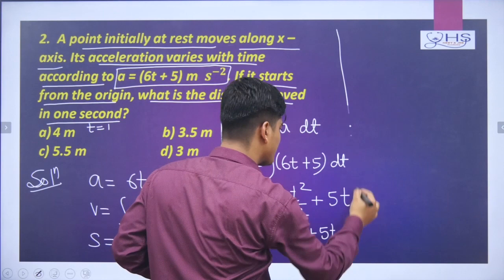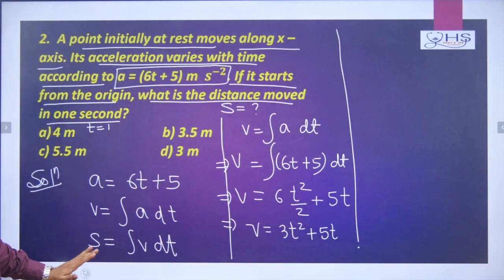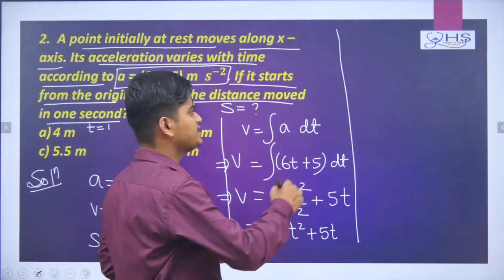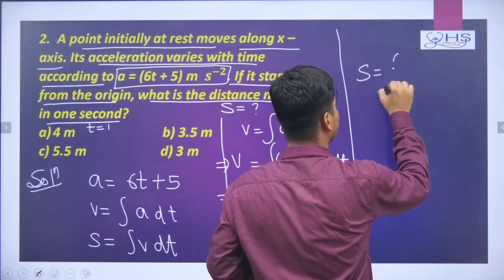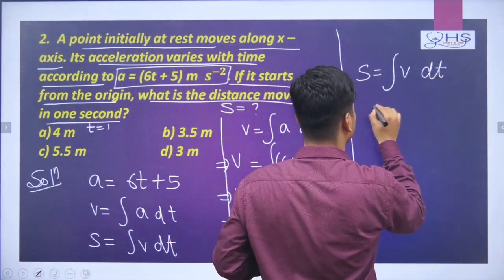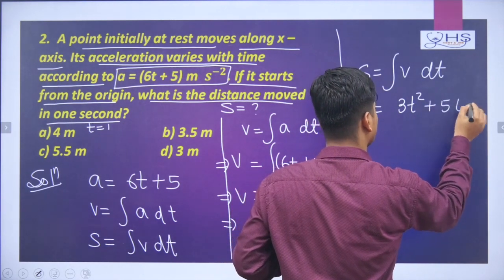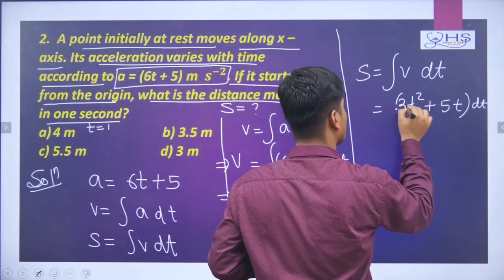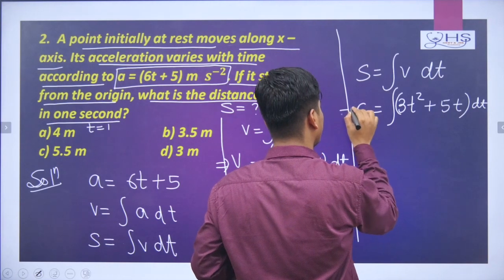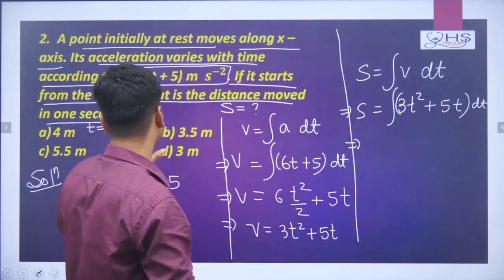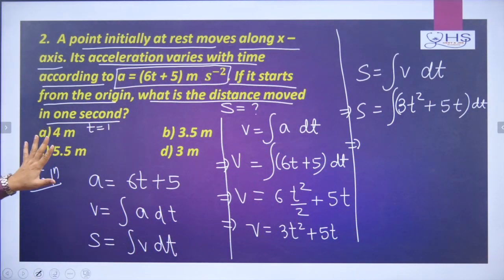Okay. So once I got velocity, then I can find my distance or displacement easily. Now s is how much? Integration of v dt. Now v is how much? 3t square plus 5t dt integration. Now here limits given, anything? Check. About displacement no limits given, they are just asking what?